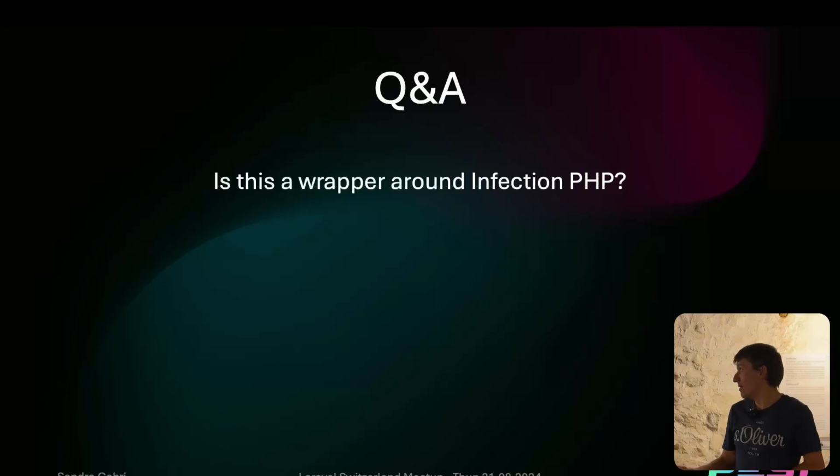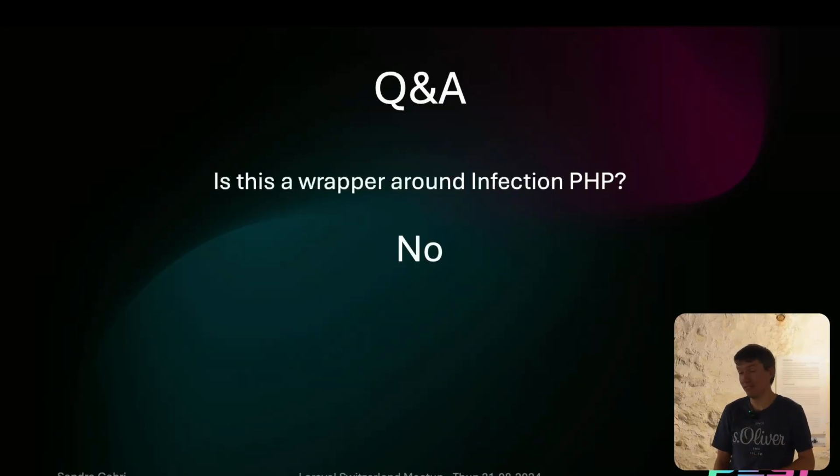Before I answer your questions, I have one that I want to answer by myself. Is this a wrapper around Infection PHP? As I said in the beginning, Infection PHP is the library for mutation testing in PHP so far. And sadly, it's no. The reason for that is it works quite differently.